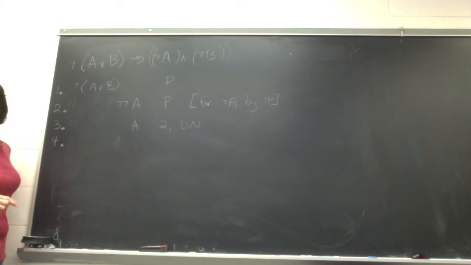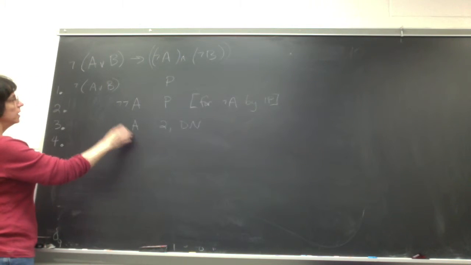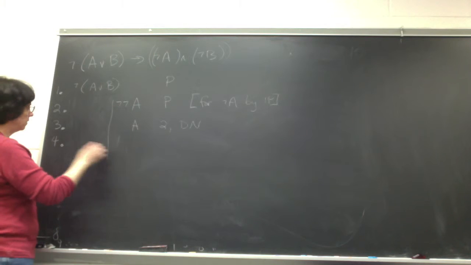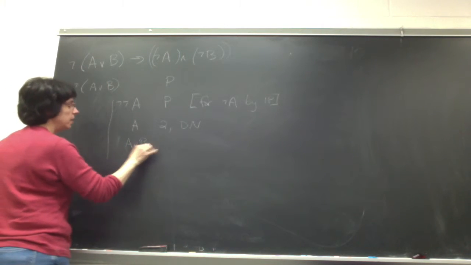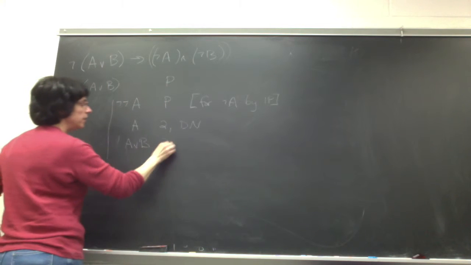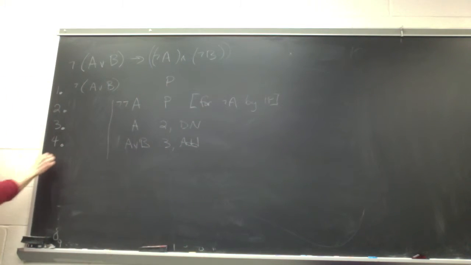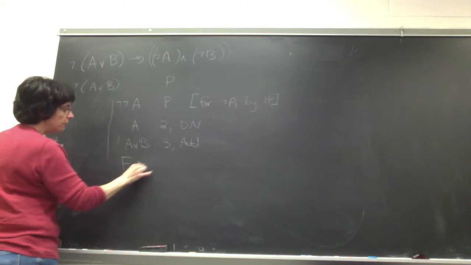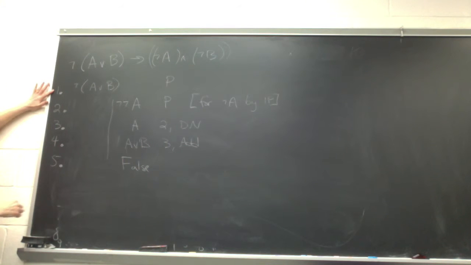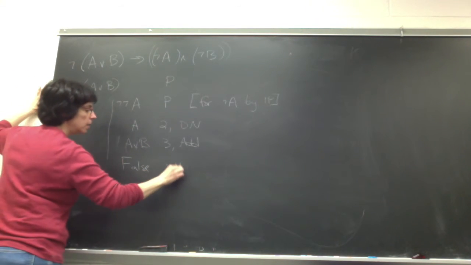Addition, right? So I could say, all right, let's see, and this is my indented stuff, right? So line 4 is, I could say A or B based on line 3 in addition, right? But now life is good because I can conclude false based on line 1 and line 4.